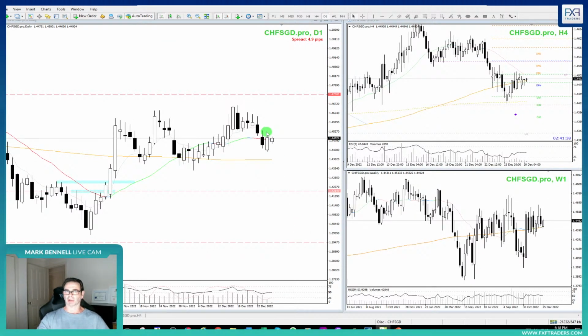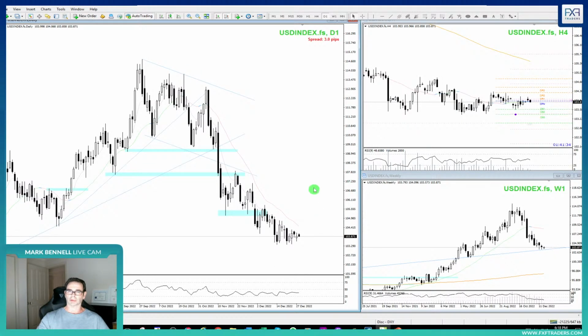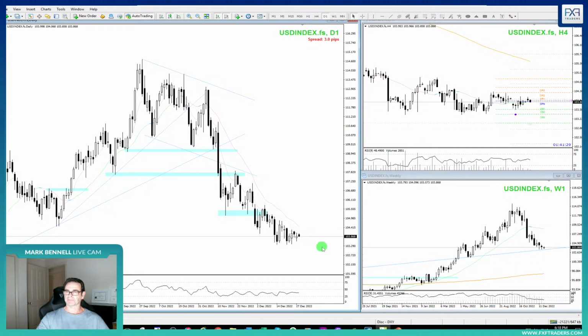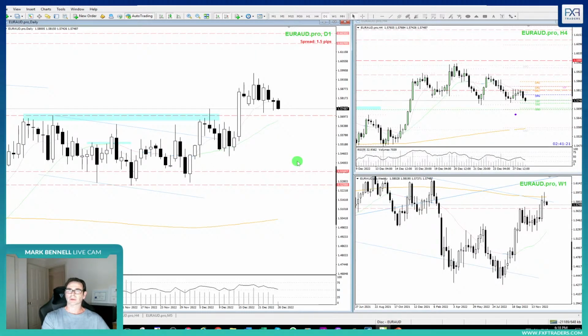CAD Singapore straight off. Look, it's caught in the moving averages. Okay, the dollar index. Just pausing at the low here. Does almost look like a little bit of accumulation through here, but we have to go with the trend. Euro Oz just pulling back. Not a lot of room here to profit.